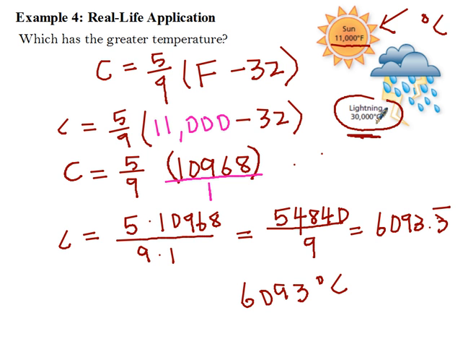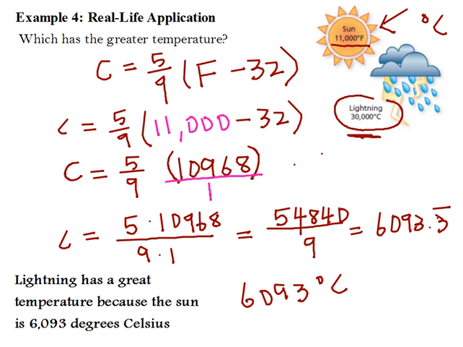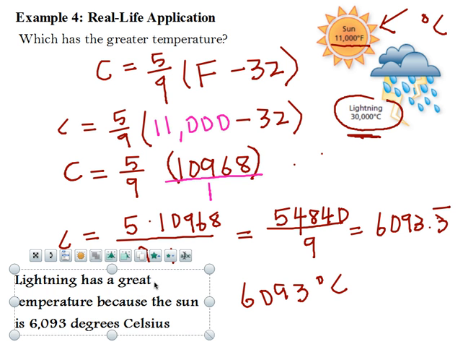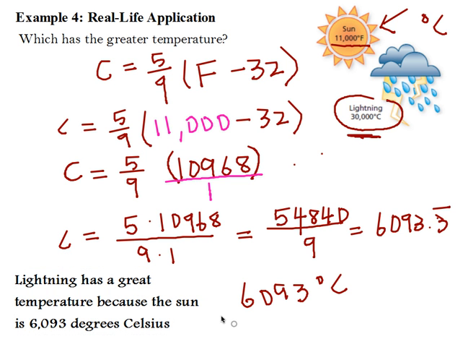Definitely lightning, because 30,000 is bigger than 6,093. If you had to write your answer, which has a greater temperature, then your answer will be that lightning has a greater temperature, because the sun is 6,093 degrees Celsius, and that's less than 30,000.